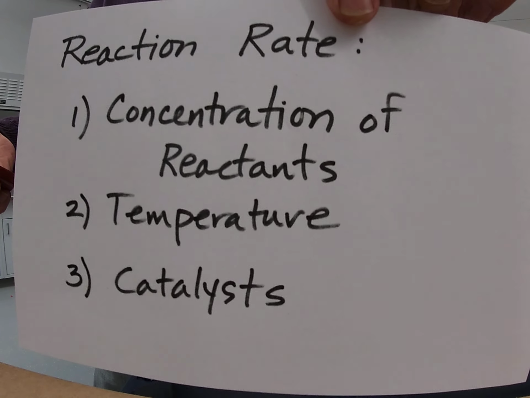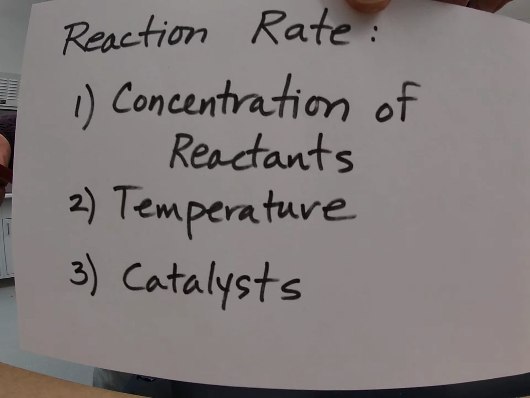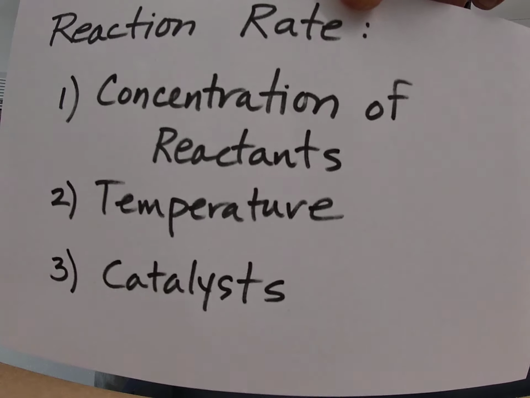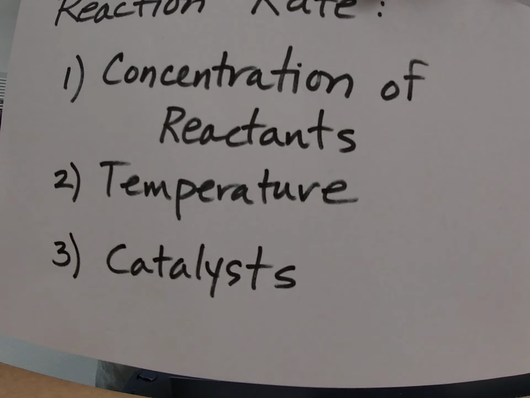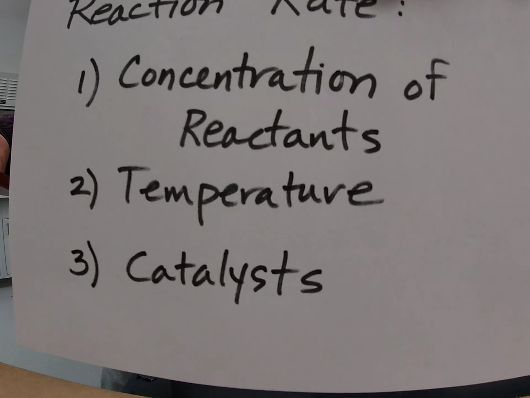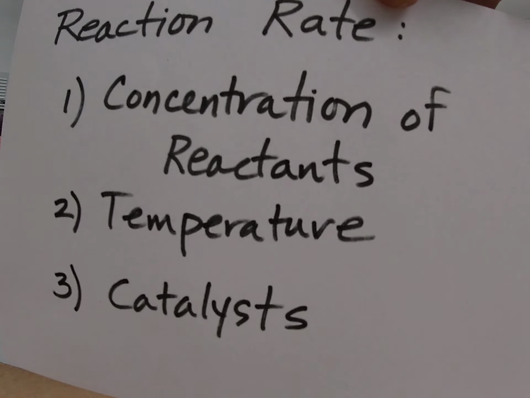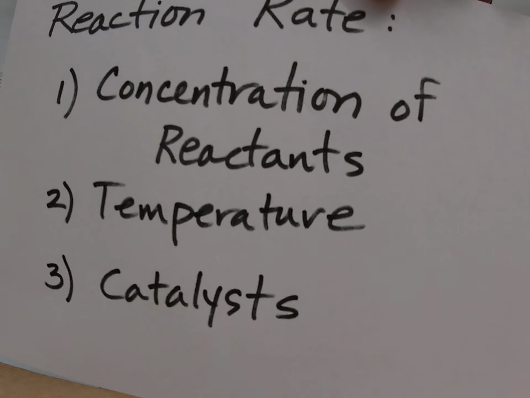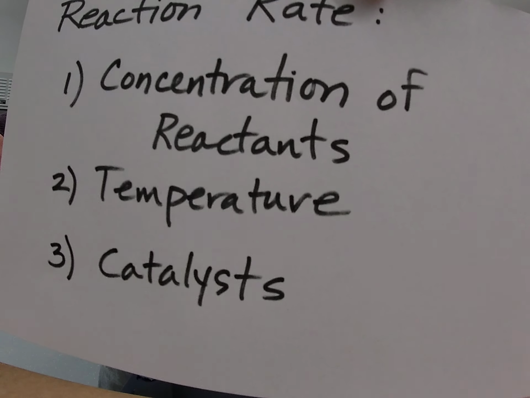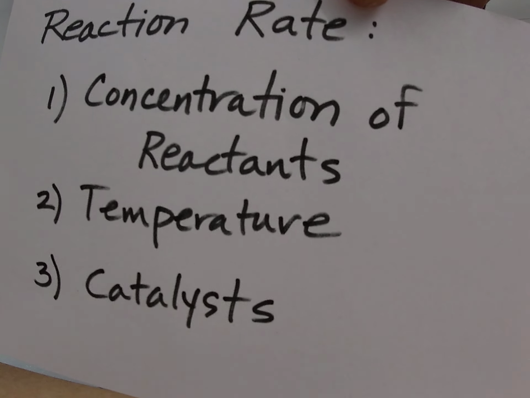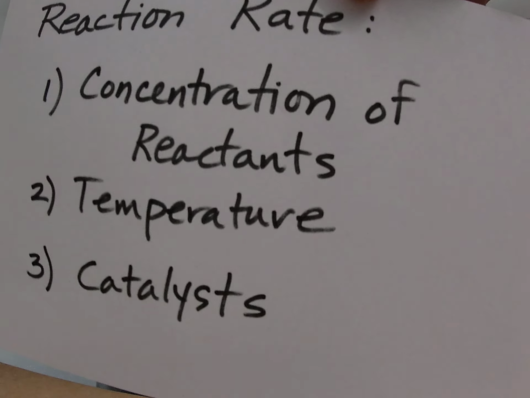The temperature, an important control, affects the vigor, the energy of those collisions. And finally, the presence or absence of catalysts, special ingredients that reduce the activation energy, can also have a profound effect on that reaction rate.